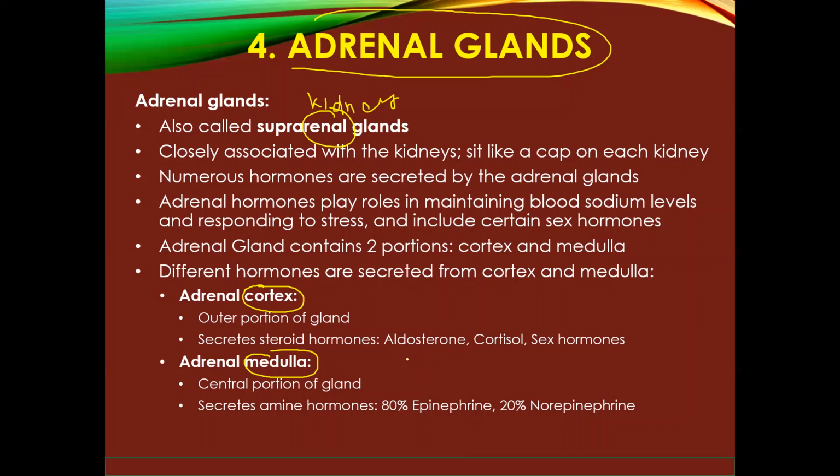The outer part produces three hormones: aldosterone, cortisol, and sex hormones, called the androgens. And then the medulla produces two hormones: epinephrine and norepinephrine. So in total, there are 5 hormones produced from the adrenal gland.